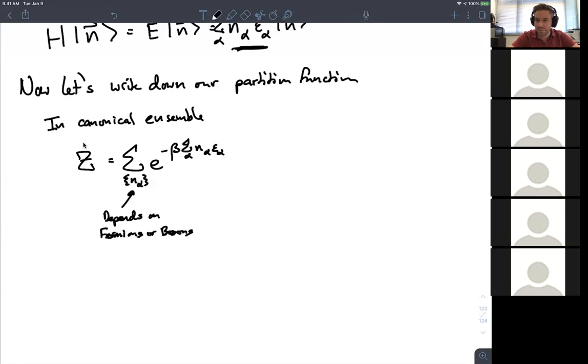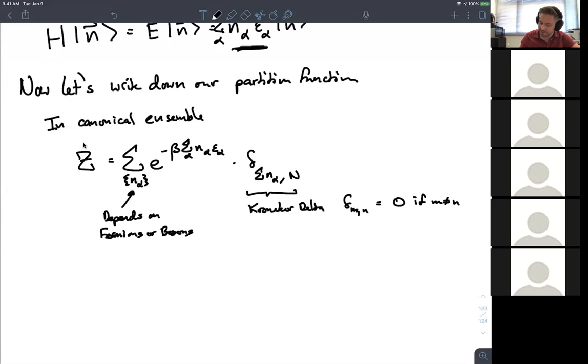You have to do the sum with the constraint that when you add up all the number of particles, that has to be equal to the total number of particles in the system. So again, this is the Kronecker delta, which you write delta mn, which is 0 if m is not equal to n, and 1 if m is equal to n. So in other words, the sum only exists if the total number of particles is equal to the sum of the number of particles in every individual energy state.